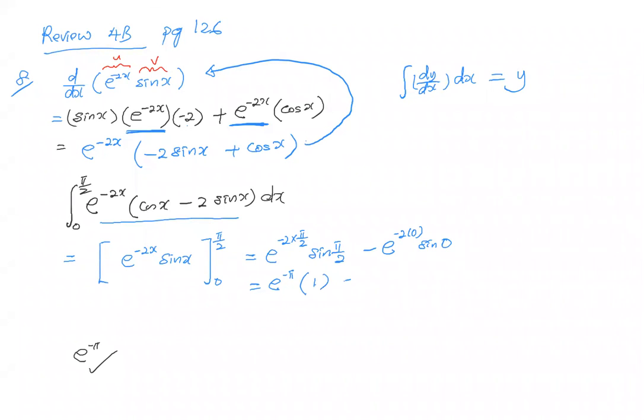Take away e to the power 0. What is sin 0? 0. Okay, so that's why we get e to the power negative pi.